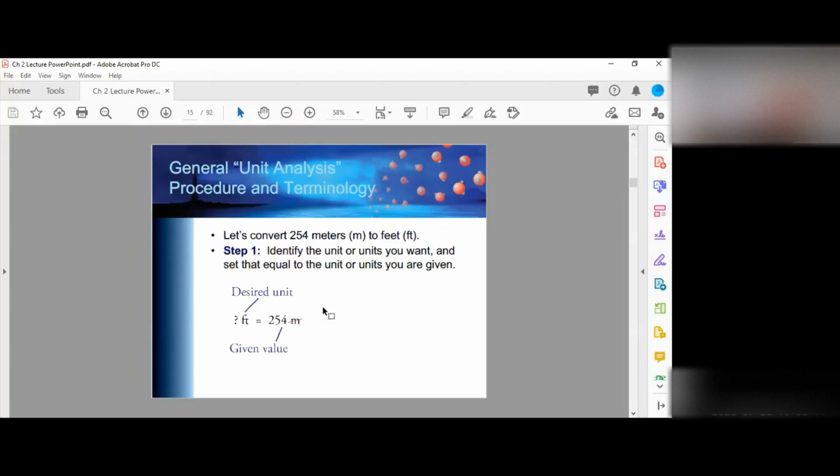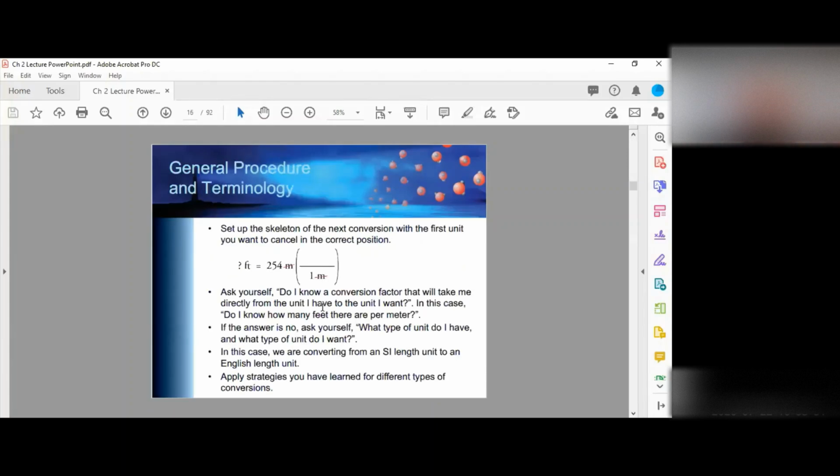And I know already that there is a conversion factor between centimeter and meter. So now I'm dealing with basically a puzzle that I need to set up correctly. In order for me to go from meter to feet, I have to go from meter to centimeter, and from centimeter to inch, and from inch to feet.